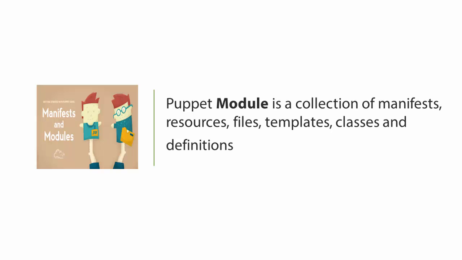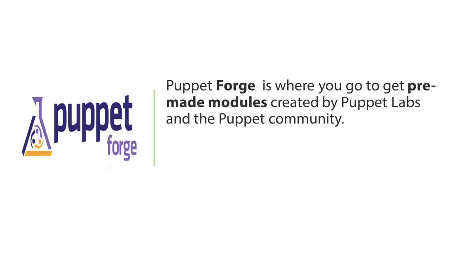What is the Puppet module? A Puppet module means a collection of many kinds of manifests, resources, files, templates, classes, and definitions. Puppet Forge. Puppet Forge is a place where you go to get pre-made modules created by Puppet Labs and the Puppet community.